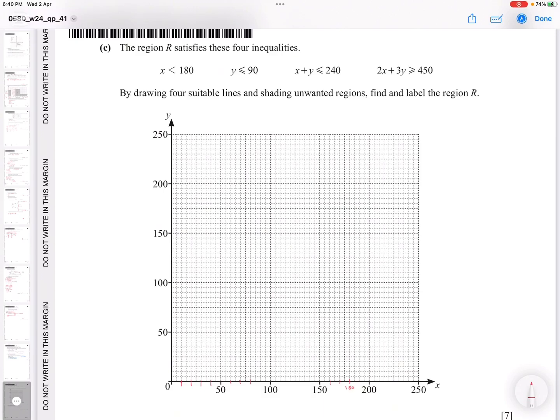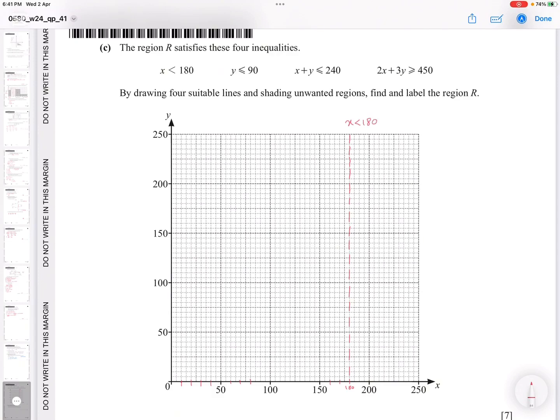So you can draw the line dotted, because it says less than. If it had said less than or equal to, we should make a solid line. So you can write x is less than 180.